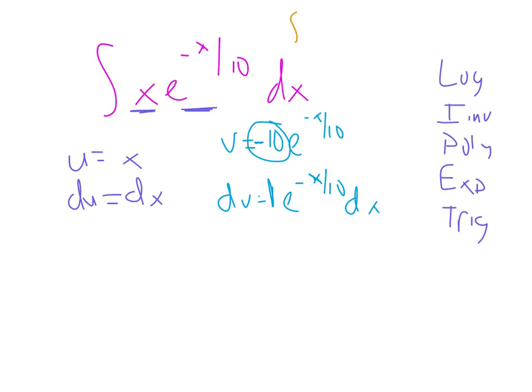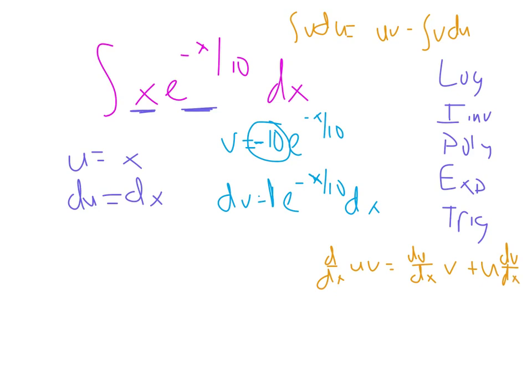So then my pattern for integration by parts, you integrate, I get uv minus the integral of v du, so this is u dv. If you don't know where that comes from, it comes from the product rule. I'll go on a quick little tangent here. If I take the derivative of uv, that's going to be du/dx times v plus u dv/dx, which you can shorten and write as v du plus u dv, and that's d/dx of uv.